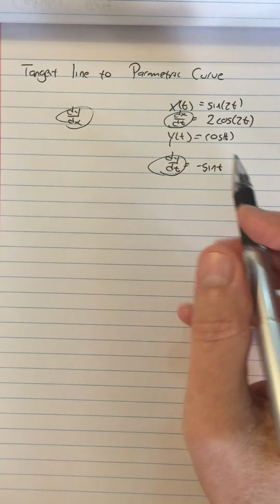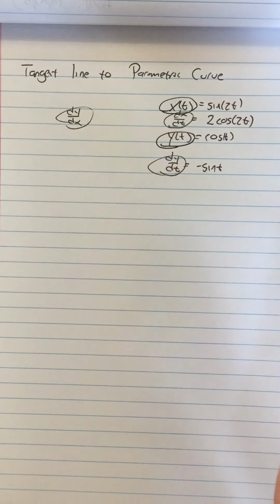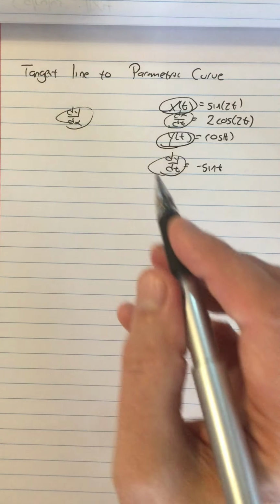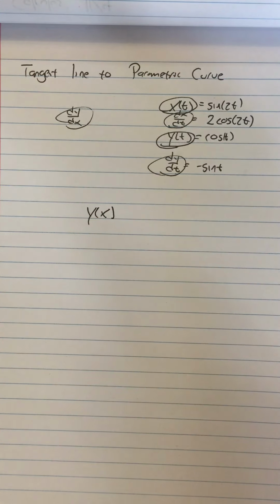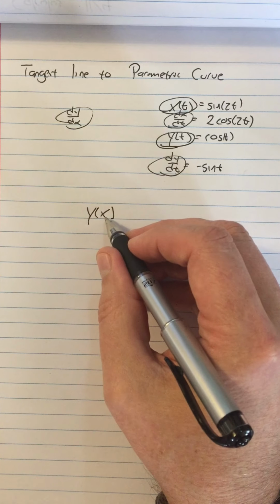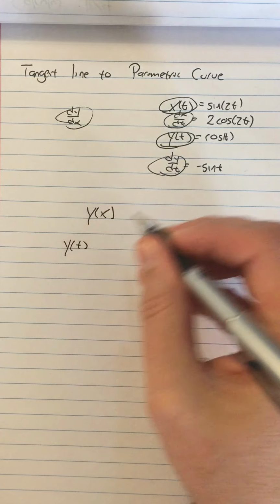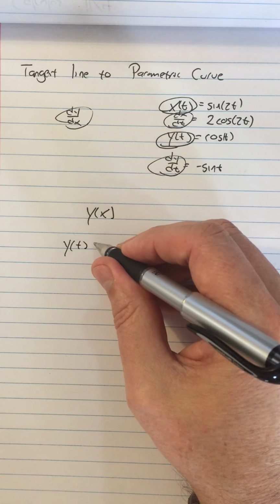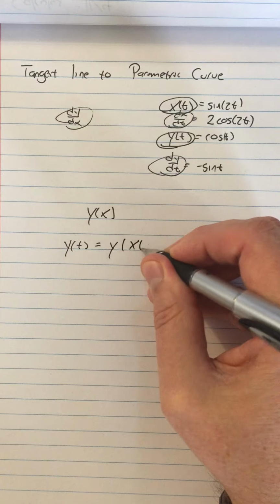So what it really comes down to is I have these functions x and y, and they depend on t. But to get dy/dx, I need y as a function of x. All right? So how am I going to get y as a function of x? Well, what I have to really think of is that x also depends on t. So I know what y(t) is, it's here, and I can say, well, that's equal to y of x(t).